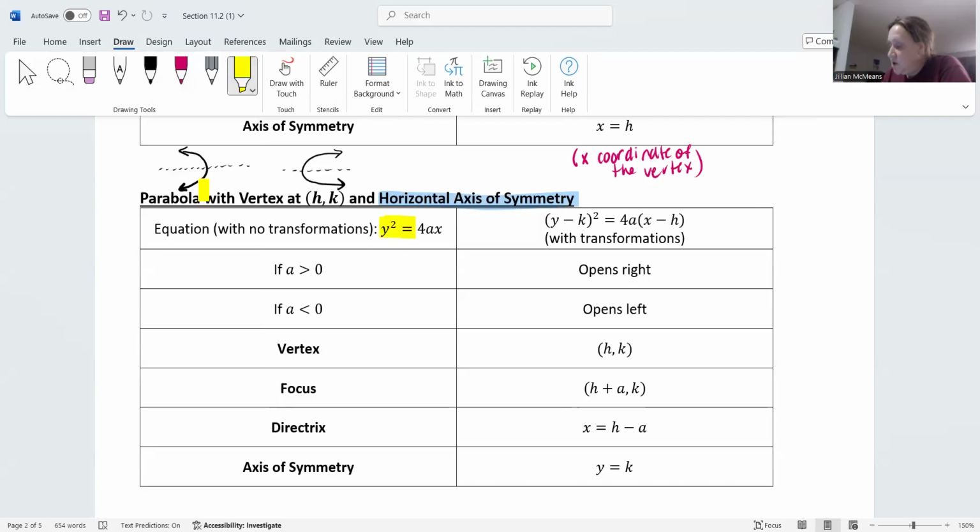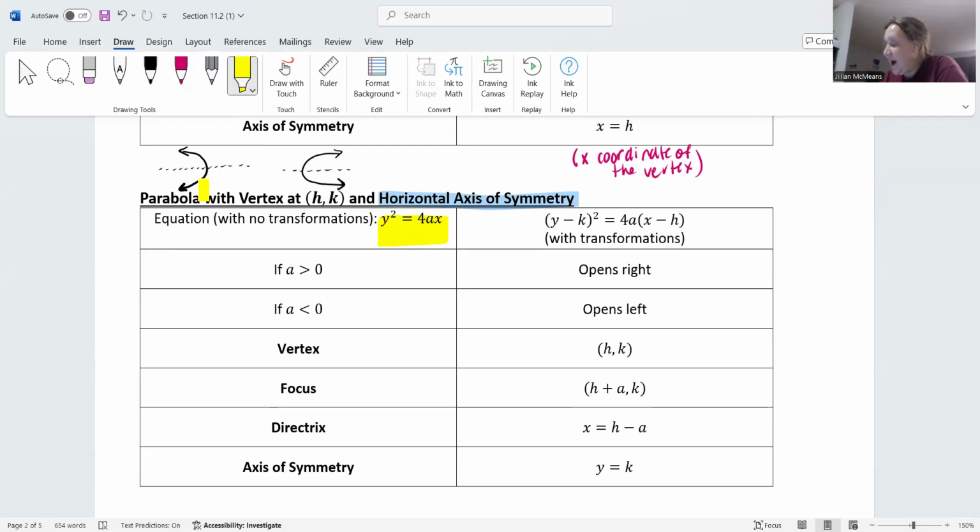This is the generic form of a parabola that is horizontally oriented, assuming there's no transformation. We would have y squared this time equals 4 times some value a, and remember a is the distance from the vertex to the focus, and it's the same distance from the vertex to the directrix.